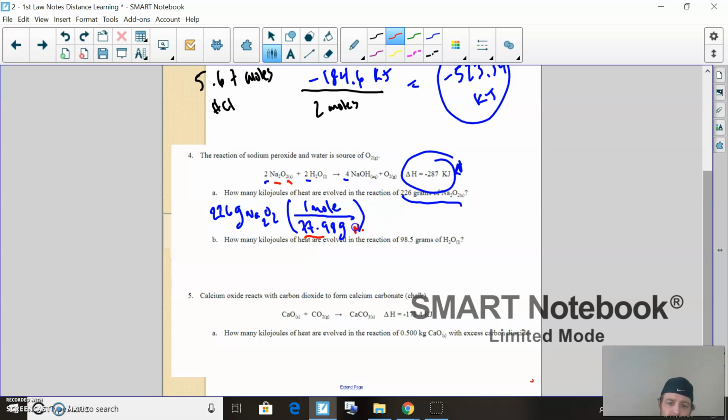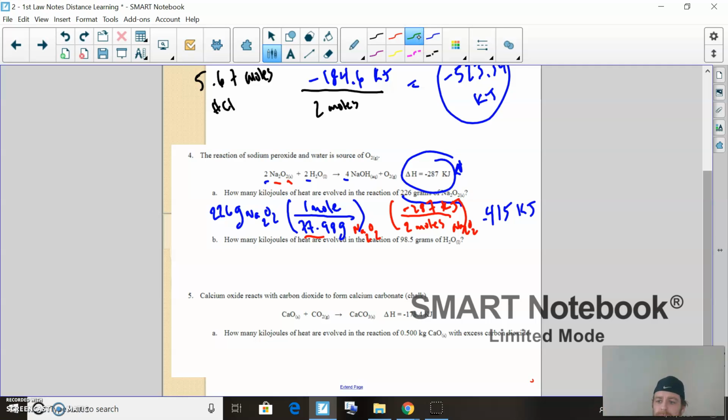That's the molar mass of Na2O2. The next part is I need to do my stoichiometric coefficients, and for every 2 moles of Na2O2, there is negative 287 kilojoules. So I do the math, and I get negative 415 and some change kilojoules.